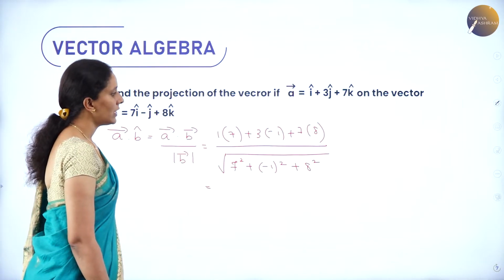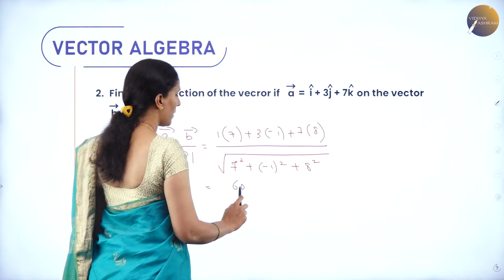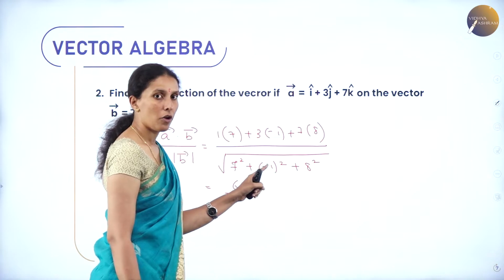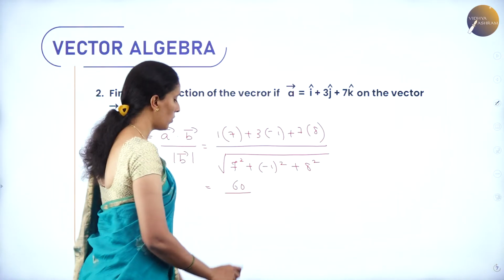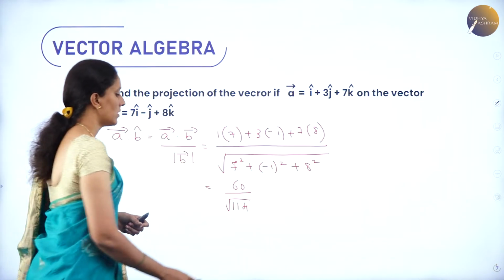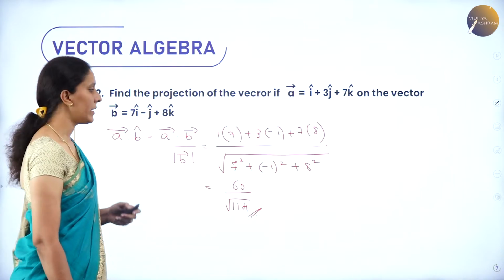So, 56 plus 4 becomes 60, divided by 7 square is 49 plus 1 square 50 plus 64, which is square root of 114. So, this is the projection of vector A on vector B.